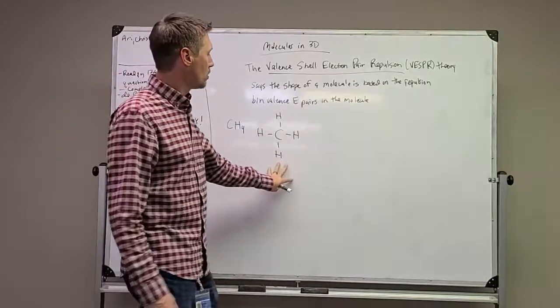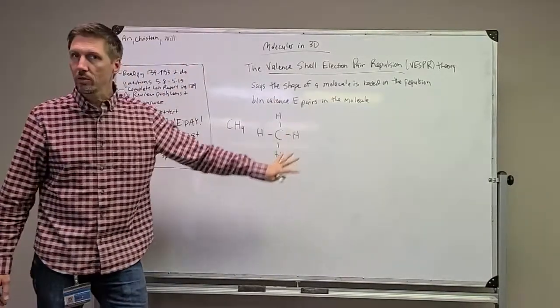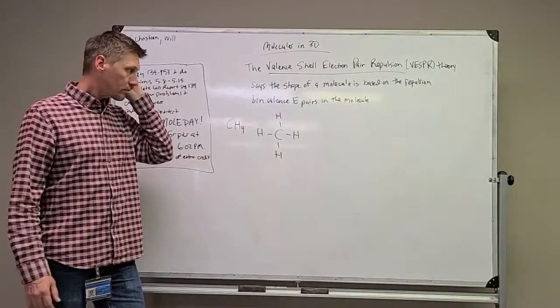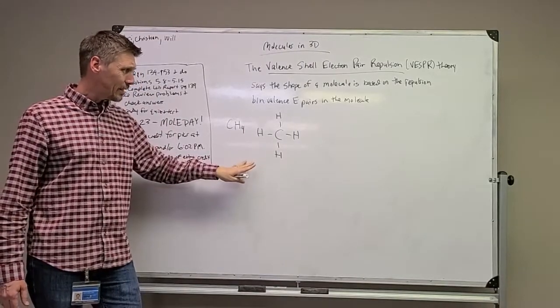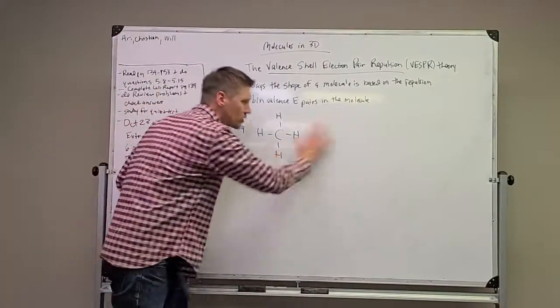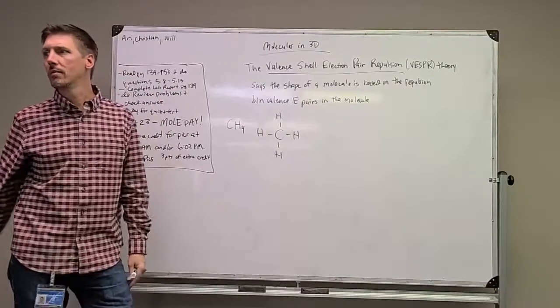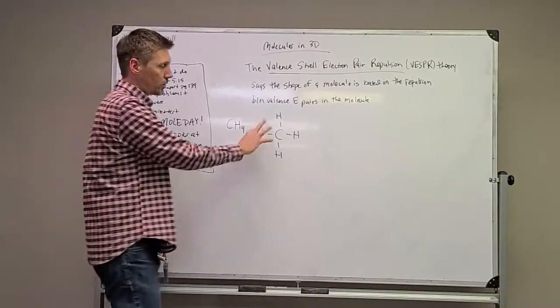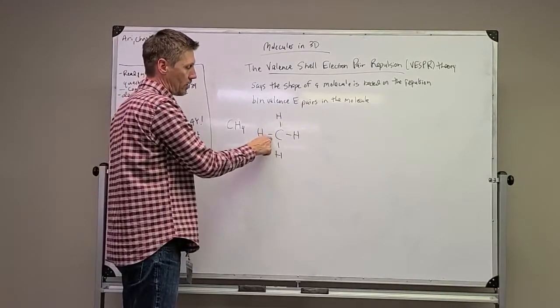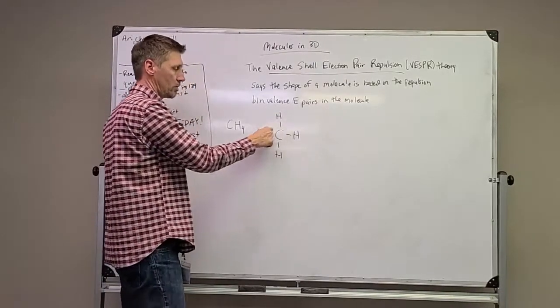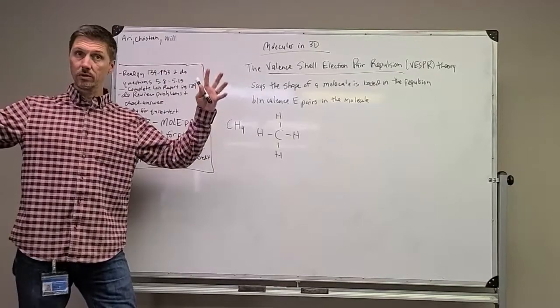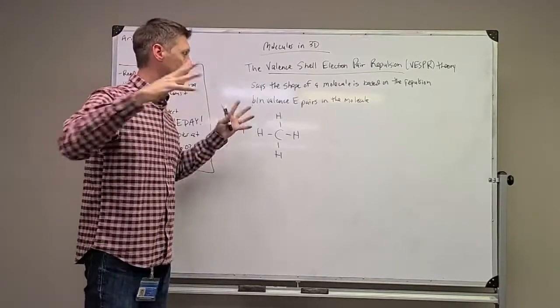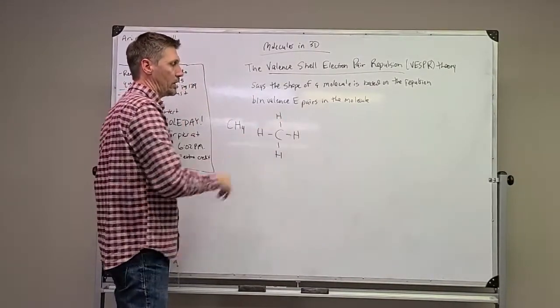All right, so this is what that Lewis structure looks like, and this looks great, except this is two-dimensional space. We're drawing this on a board. Molecules exist in three-dimensional space, and if these are negatively charged pairs of electrons, it would make sense that this repulsion would be taking place and they would be separated from one another.